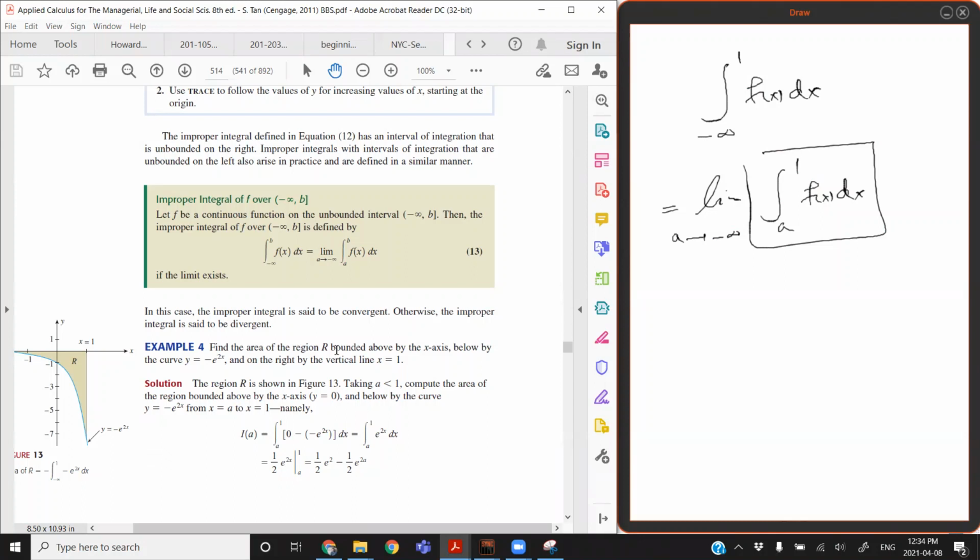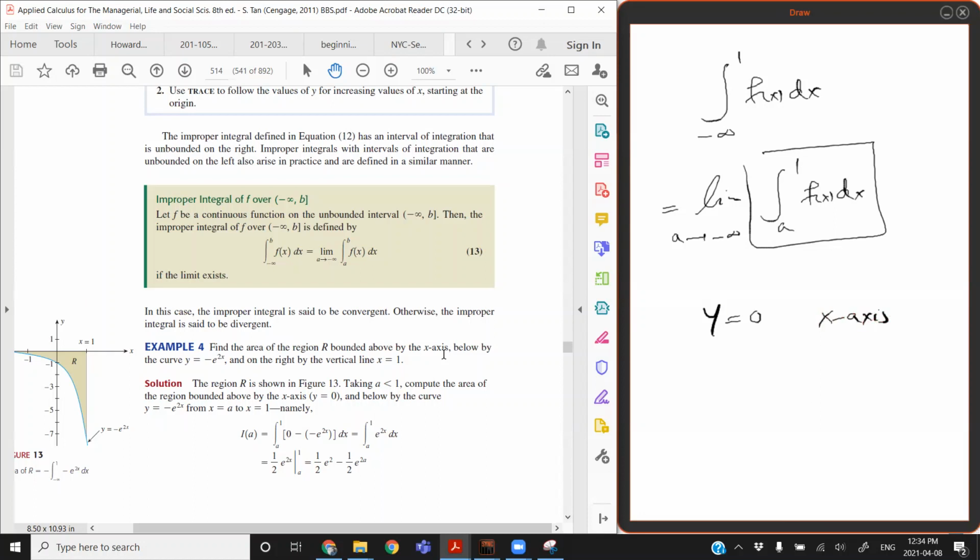But in this problem, we're not asked for an improper integral, we're asked for an area. So it says find the area of the region R that is bounded by the x-axis. That's how you get y equals 0, because y equals 0 is the formula. It's a horizontal line for the x-axis.